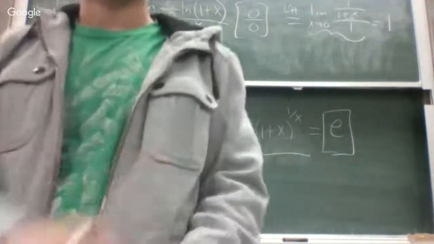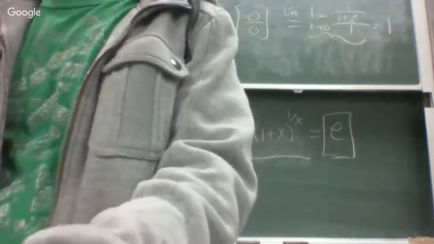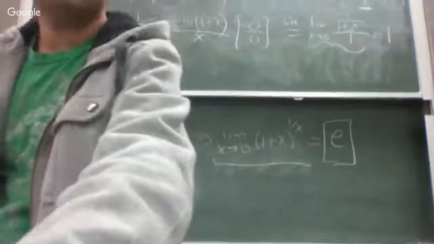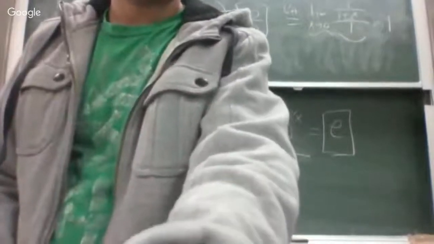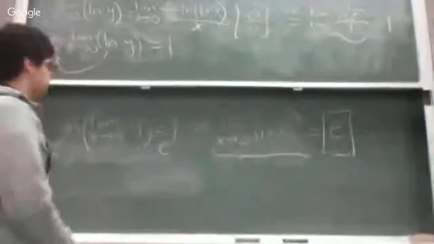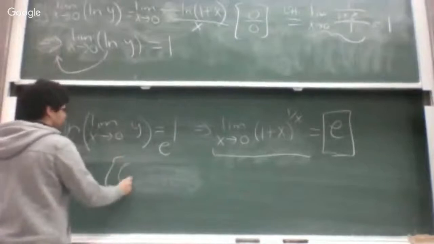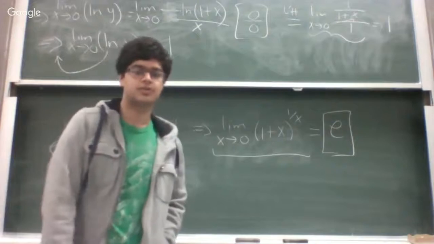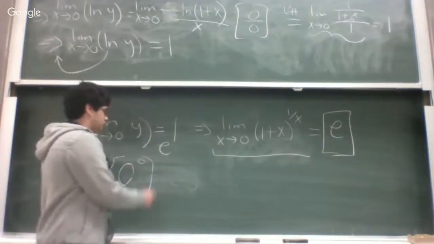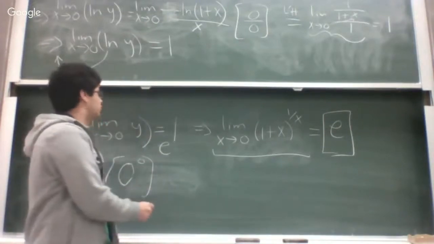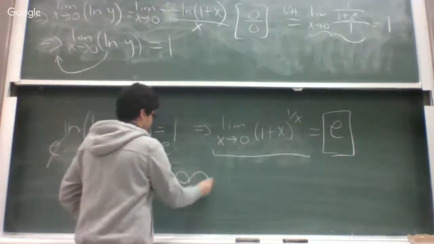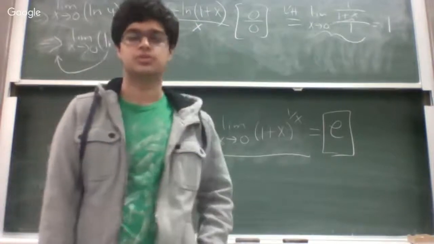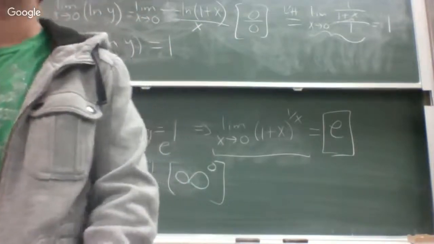Any more questions on that? I might have written it wrong. It's the other way: when you have 0 to the 0 power, not 0 to infinity. So if you have 0 to the 0, you also need to do the natural log, and when you have infinity to the 0. Are you guys good?